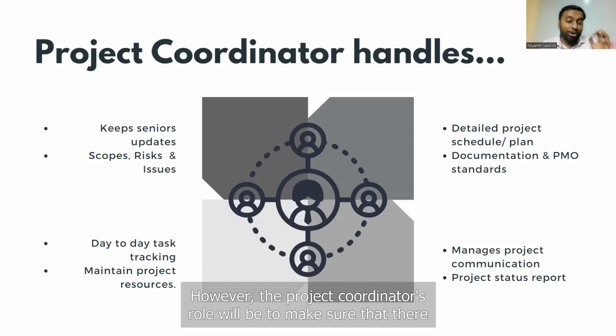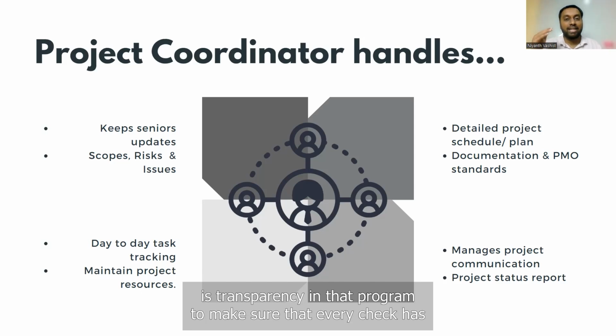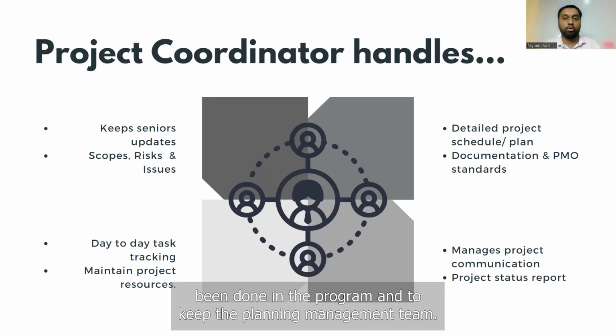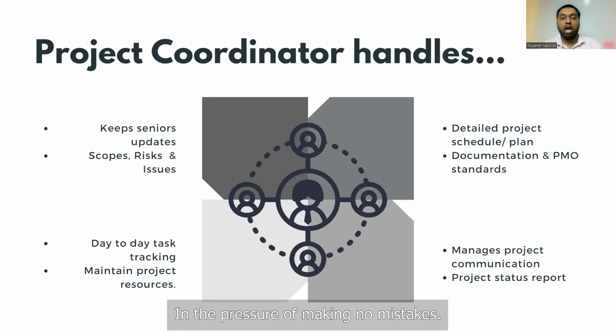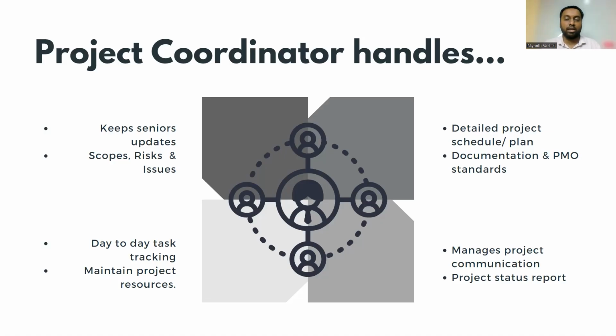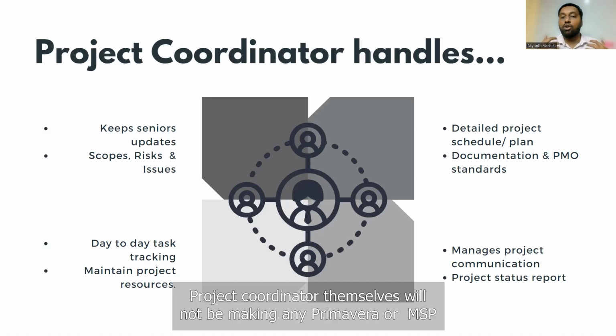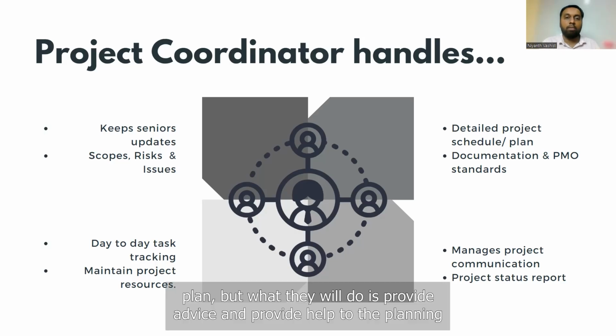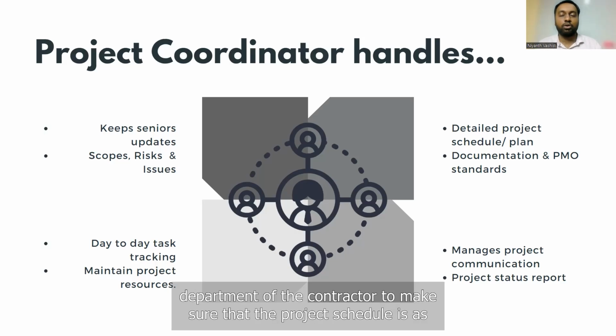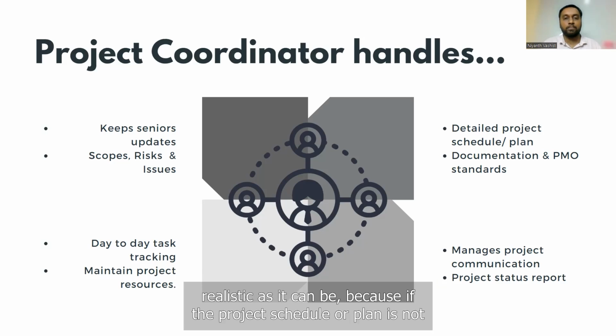However, the project coordinator's role will be to make sure that there is transparency in that program, to make sure that every check has been done in the program, and to keep the planning management team under the pressure of making no mistakes. Project coordinator themselves will not be making any Primavera or MSP plan, but what they will do is provide advice and provide help to the planning department of the contractor to make sure that the project schedule is as realistic as it can be.